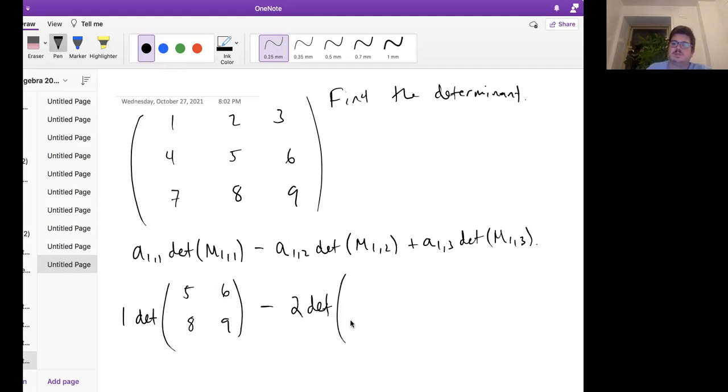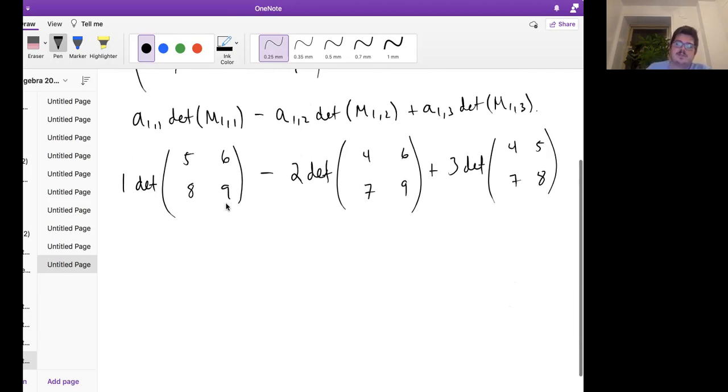And what's M12? 4, 6, 7, 9. And then we have 3 times the determinant of, and what's M13? 4, 5, 7, 8.